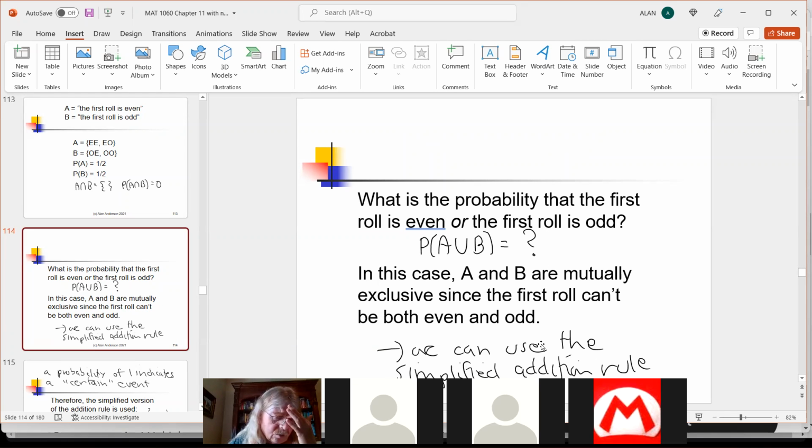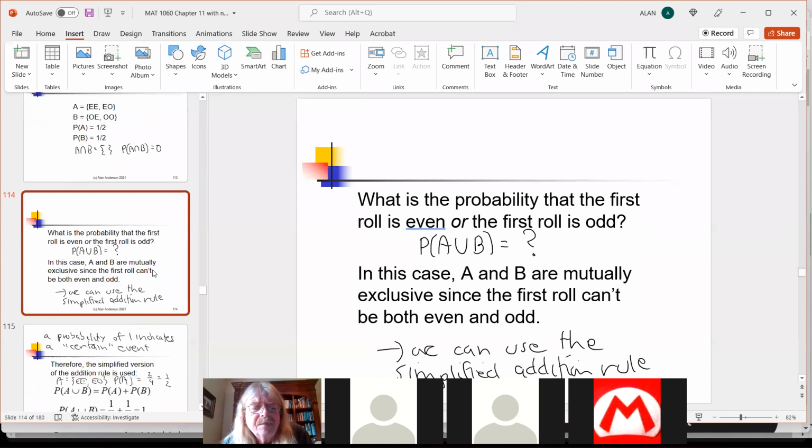And by the way, again, this is one of those cases where it should be pretty clear this is going to be 1 because the roll has to either be even or odd. It can't be anything else. But we want to prove it with the addition rule. We know in advance that the probability has to be 1 because one of those things has to be true with certainty.